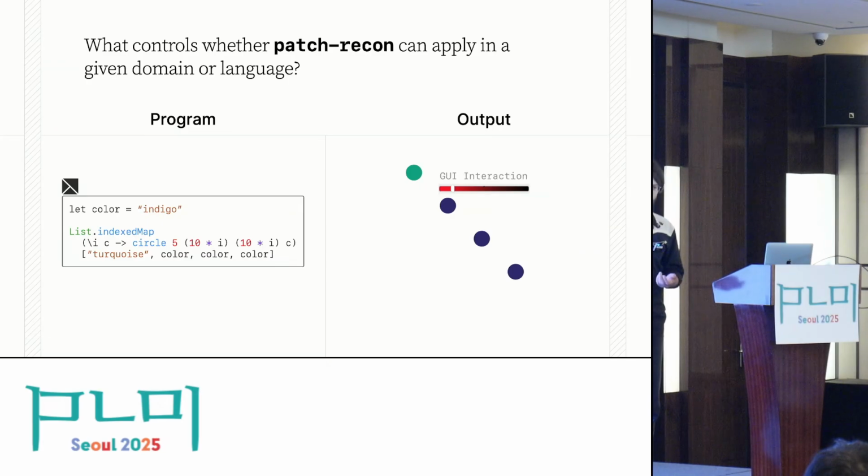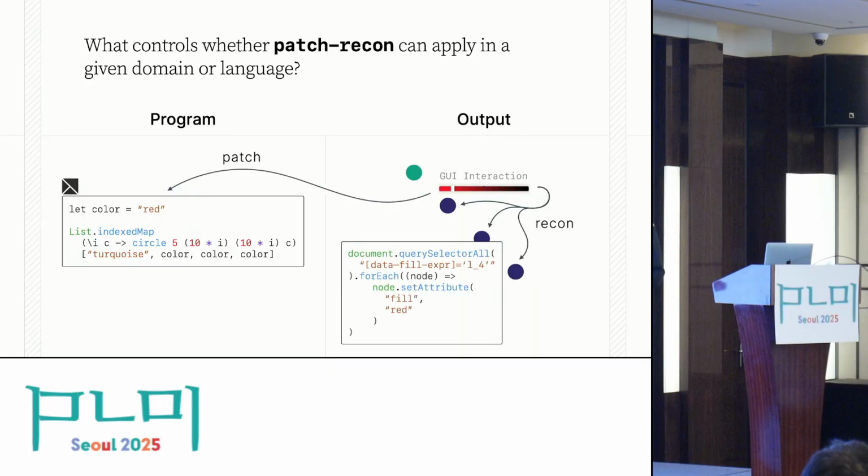The novelty of prior work in things like Sketch-n-Sketch was figuring out how to do that patch operation in that context, which in this case involves updating that let binding for color to red. But interestingly, reconciliation can be pretty easy here. We just need to get references to these DOM nodes and then just call set attribute to set their fill to red.